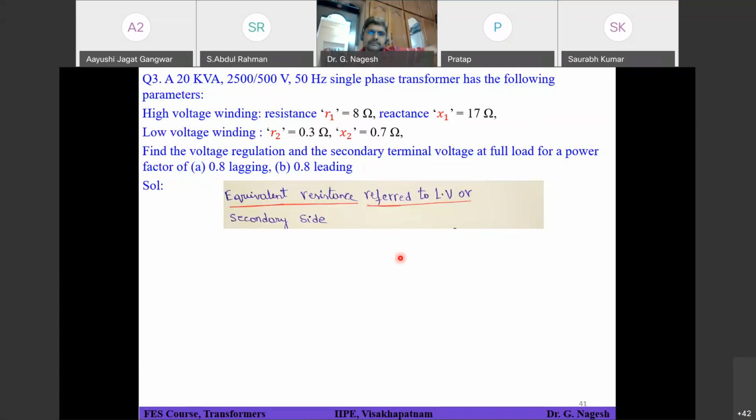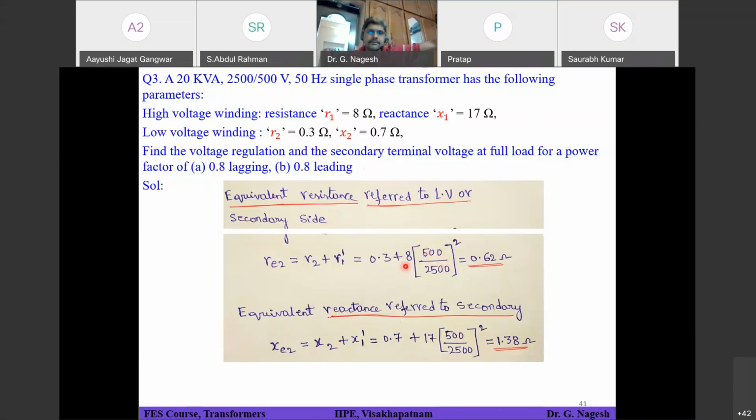So let's see that. Right, so RE2, which is nothing but R2 plus R1 dash. R2 is already 0.3 and R1 dash is 8 into 500 divided by 2500 whole square. So you are going to get an overall value of 0.62 ohms.